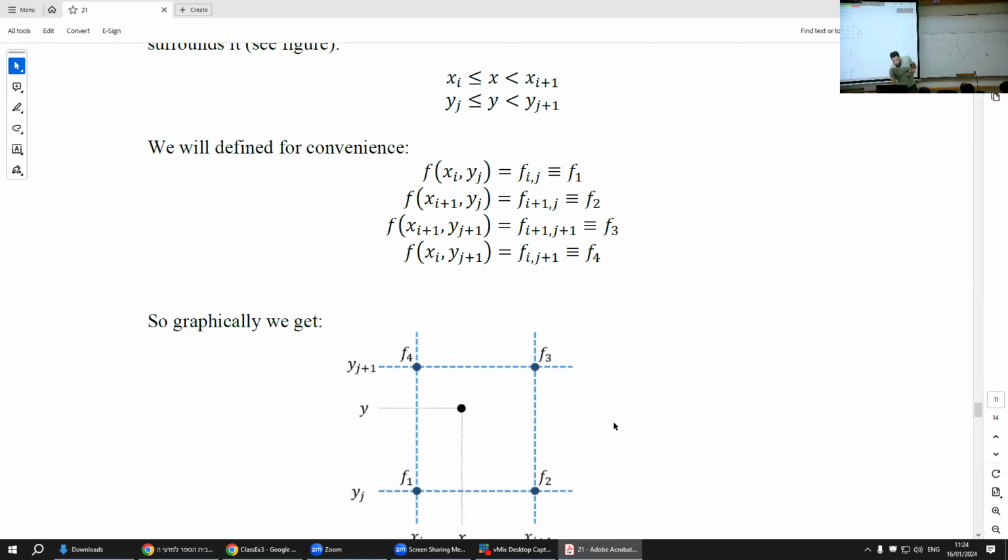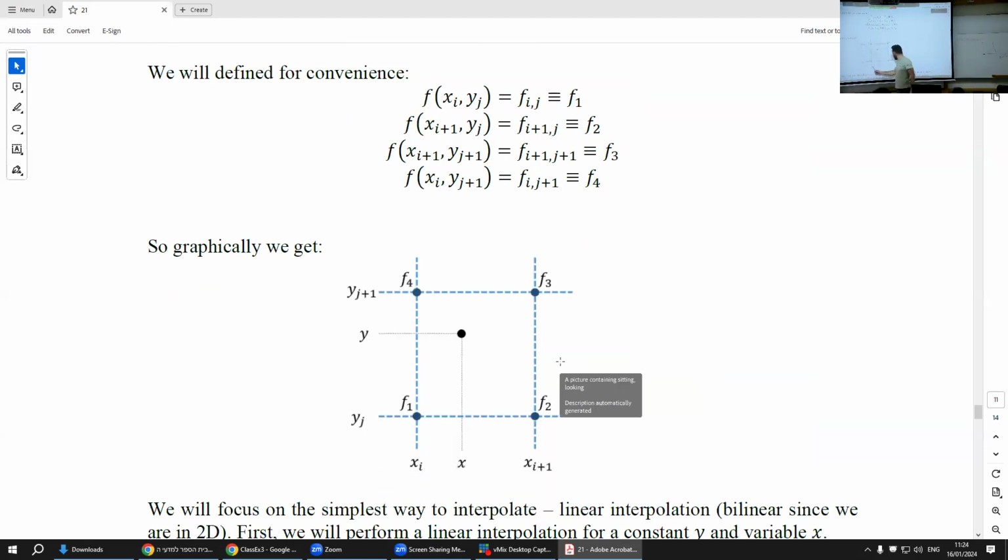Suppose we have only these points, x1, x2, and y1, y2, and only from these points I want to interpolate the function value at some point in between.